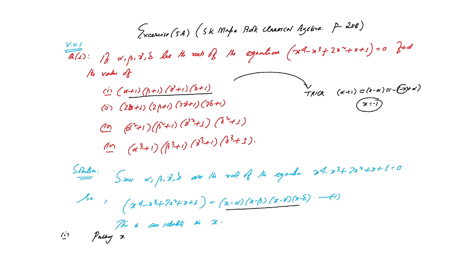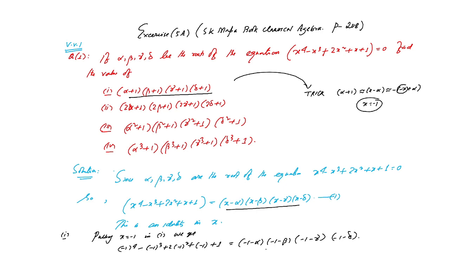So for 1, putting x equals to minus 1 in the identity, what we get? We get minus 1 whole to the power 4 minus 1 whole cube plus 2 into minus 1 whole square plus minus 1 plus 1, equals minus 1 minus alpha, minus 1 minus beta, minus 1 minus gamma, minus 1 minus delta.